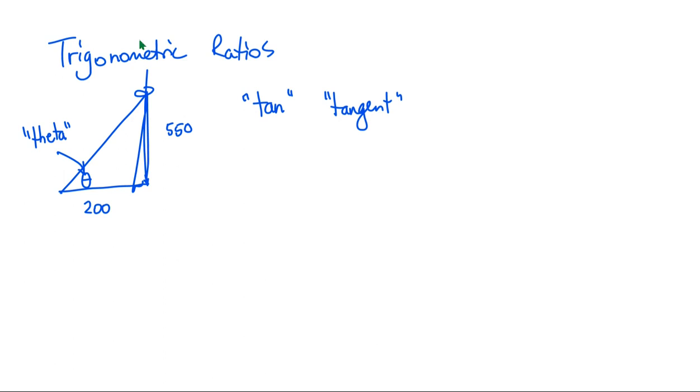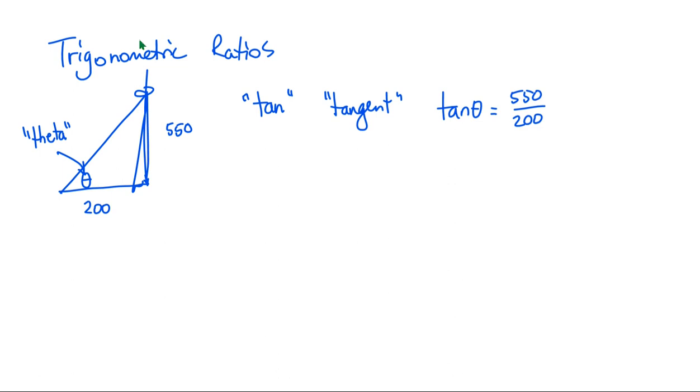So let's say I have a theta here. Then the tangent of theta, we write it like this, tan theta is equal to 550 over 200, right? And if this triangle was bigger, but it was similar with the same angle theta, then whatever the side lengths are, the ratio will always be the same as 550 over 200.